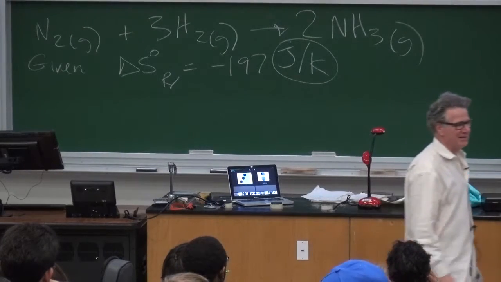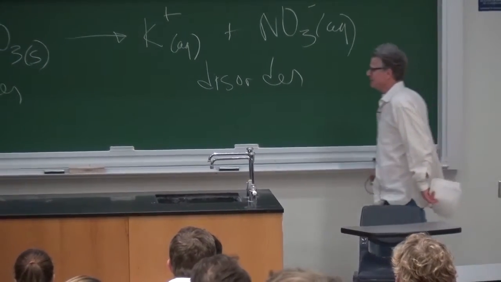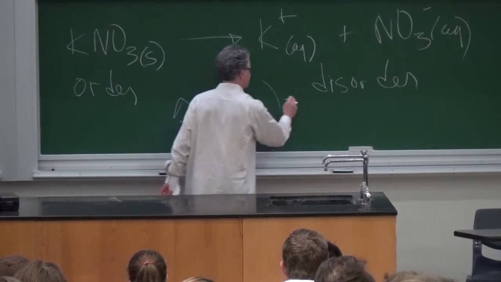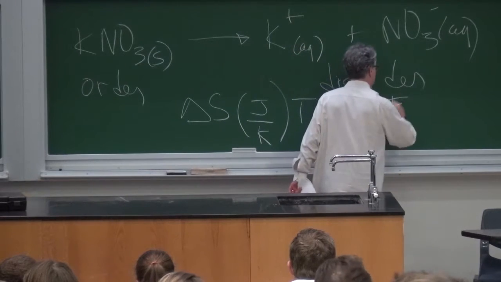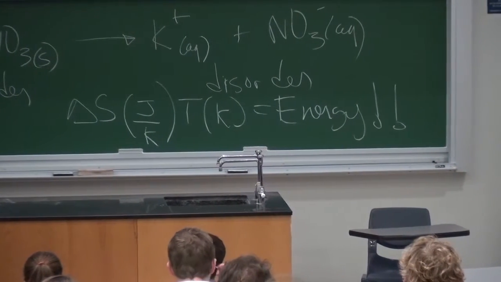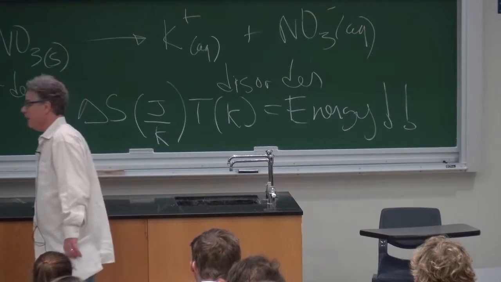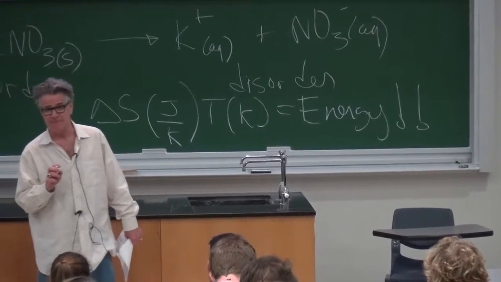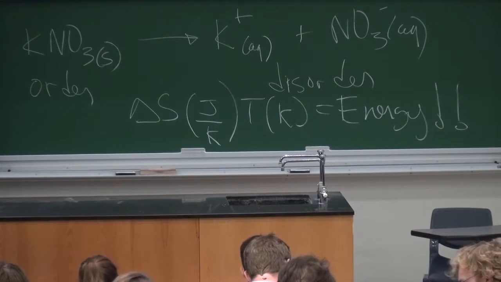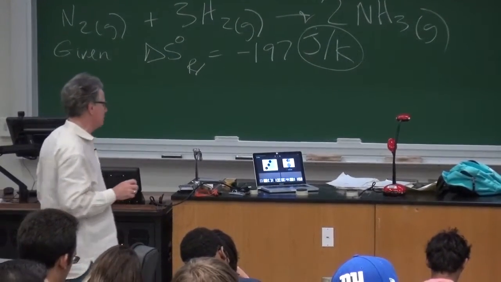Because you have to multiply delta S times T. Another very important concept to note about entropy: because of its units, joules per Kelvin, you multiply the entropy by a temperature and that gives you the energy. So again, we began by saying we've got to keep the books of the energy. Delta S is one key way of keeping the books of the energy.